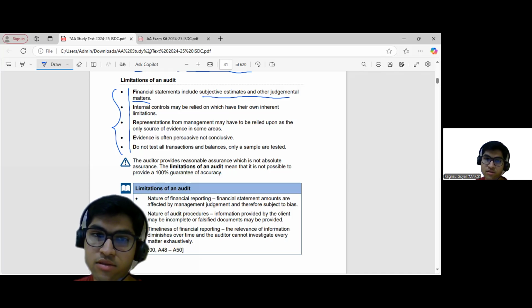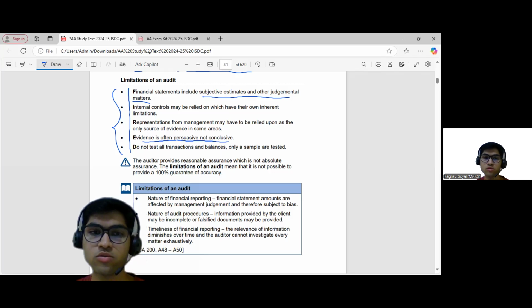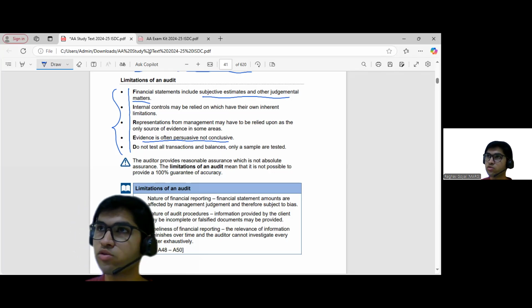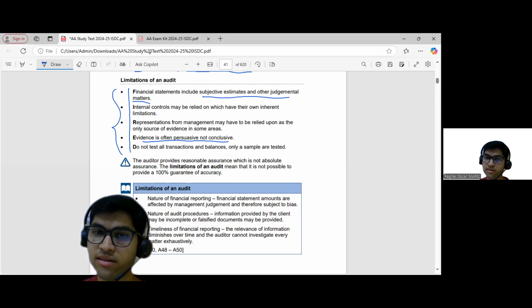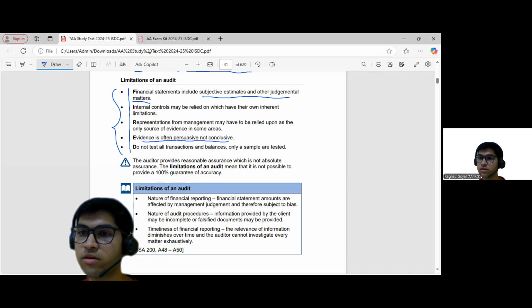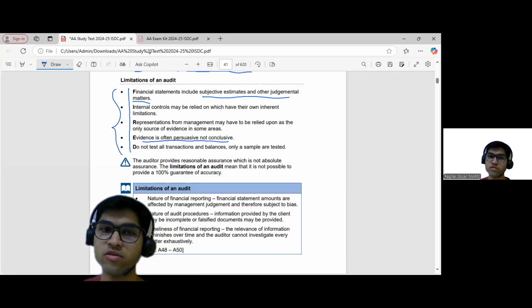Then, evidence is often persuasive but not conclusive. So what we are provided with persuades our audit in that direction rather than concluding that yes, this is the way it should be. The evidence gives us a way to reach the point where management wants us.